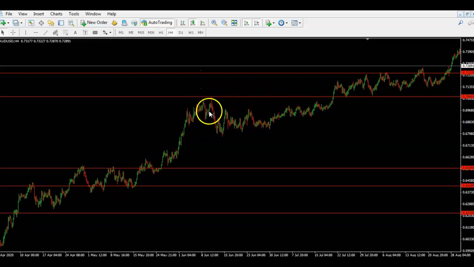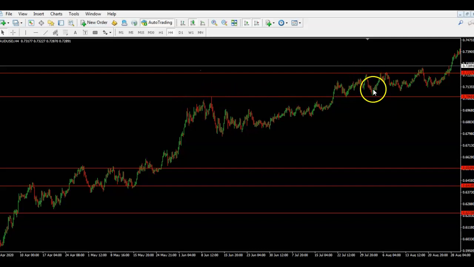And then all this area was consolidating for maybe a few days, because this is the 4 hour. It was just consolidating until it broke that high again.